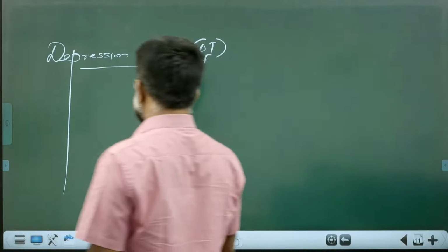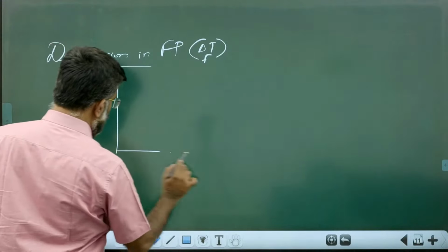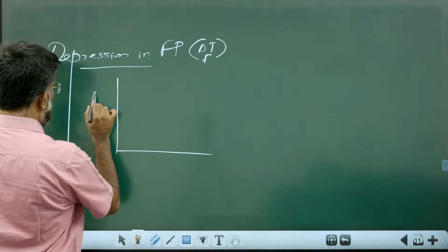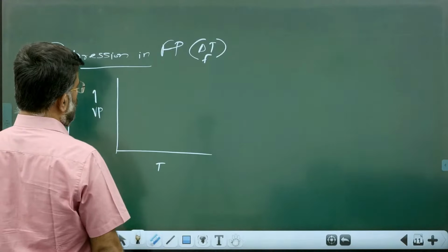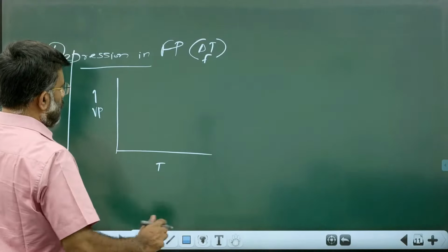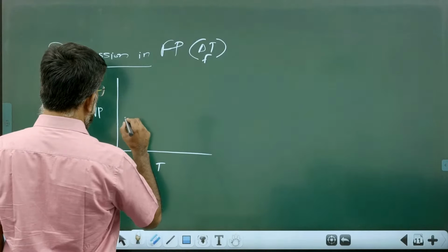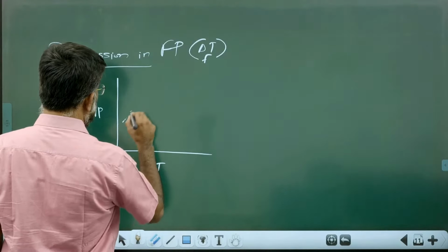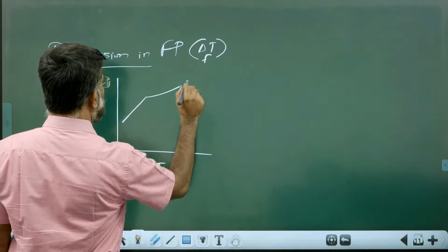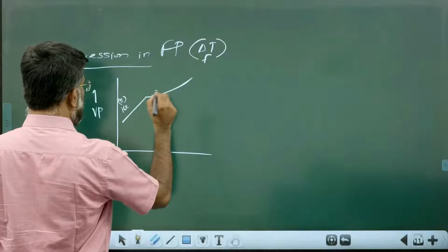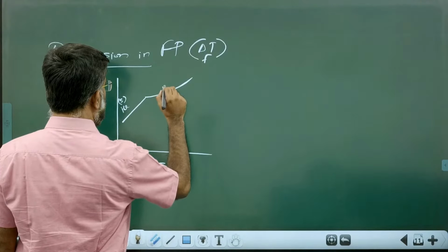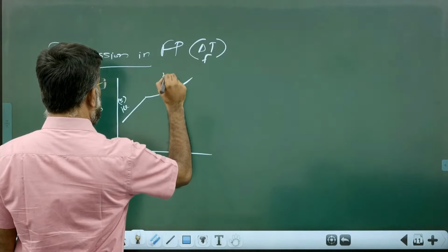So we can represent graphically what the freezing point is: vapor pressure versus temperature. The freezing point of water could be understood like this. This is ice, the solid phase, and this is liquid water, the liquid phase.